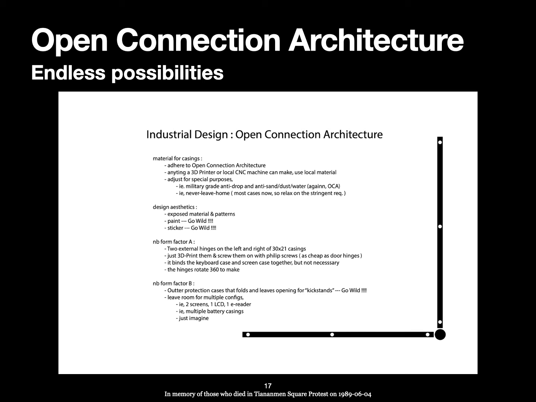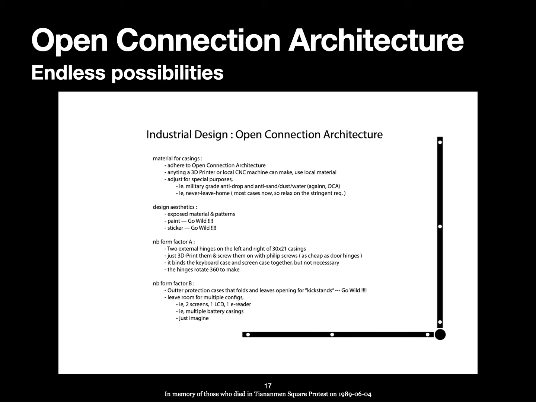As far as the design aesthetics goes, the user can choose to either expose the material and their natural patterns, or paint the casing, or put stickers on the casing. Now, this actually allows far more flexibility in terms of aesthetic designs.